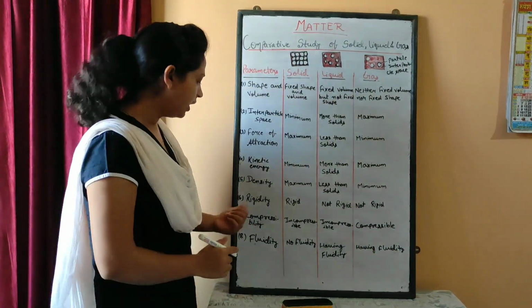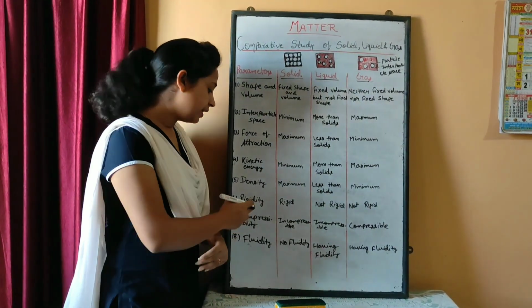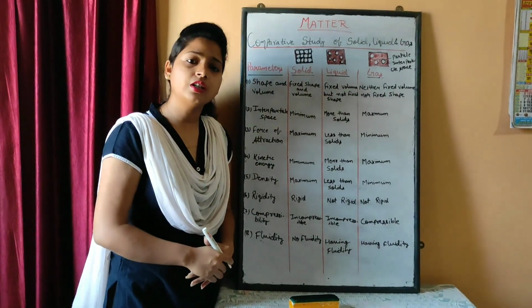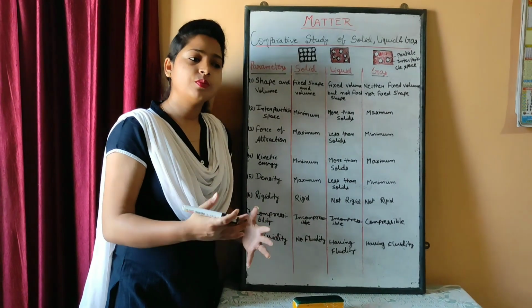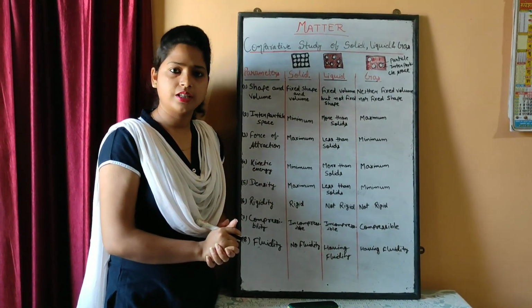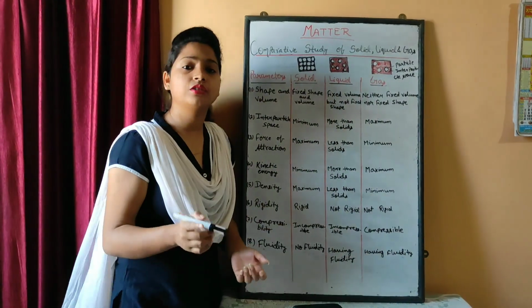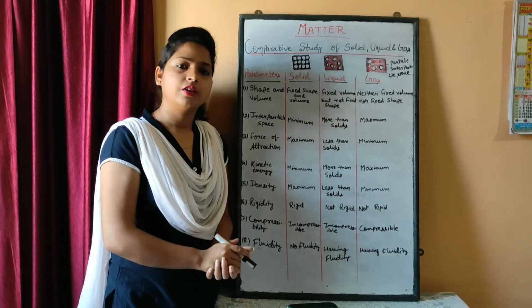Correct? Now, the next parameter is rigidity. Rigidity means whether the object will retain its shape and size or not. So the rigidity of solids is very high. Solids are rigid in nature. Got it?